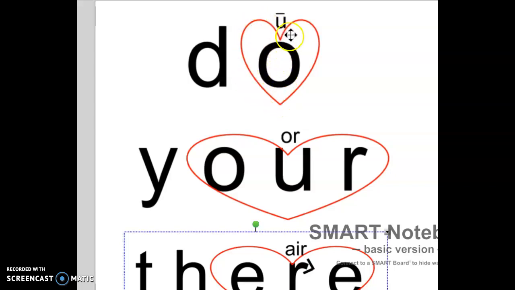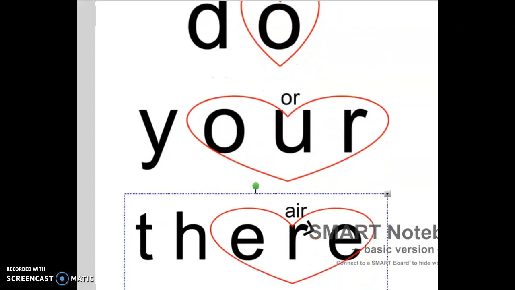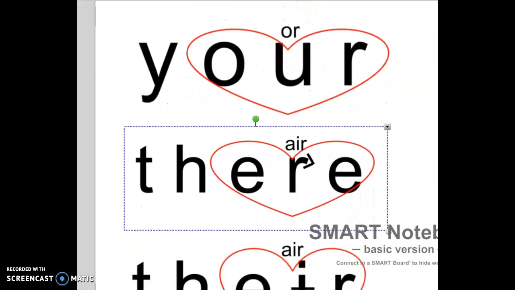So the heart's going to go around the O. Remember, on your spelling test, you do not have to write this mark above. You just have to write the word do and then heart the O, for that's the part that you have to memorize by heart.